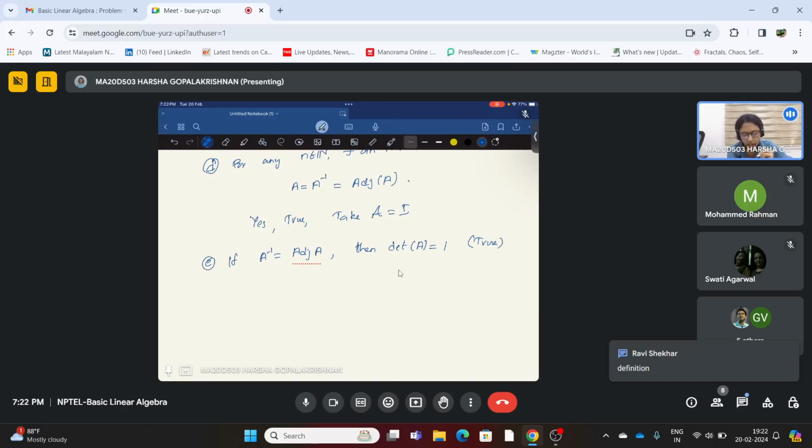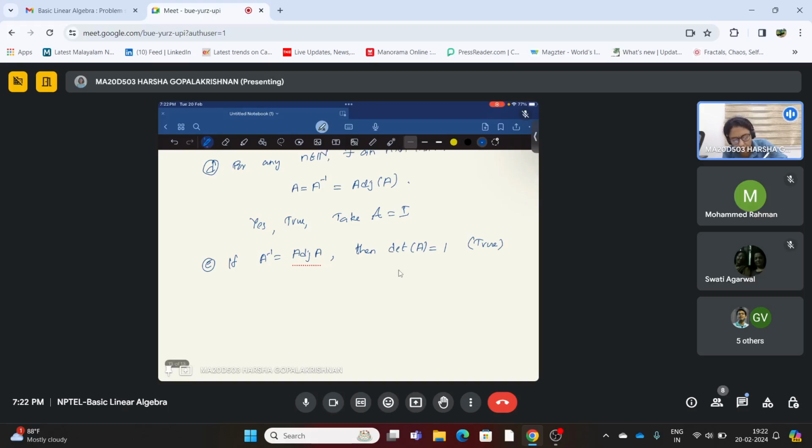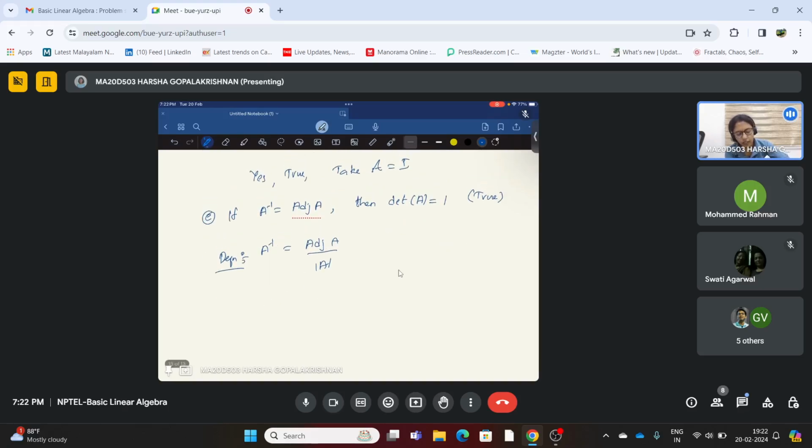Yeah, by definition. We already know that A inverse equals adjoint of A divided by determinant of A. Here we are saying A inverse and adjoint of A are the same, so the only possibility is that determinant of A should equal 1. Clear?